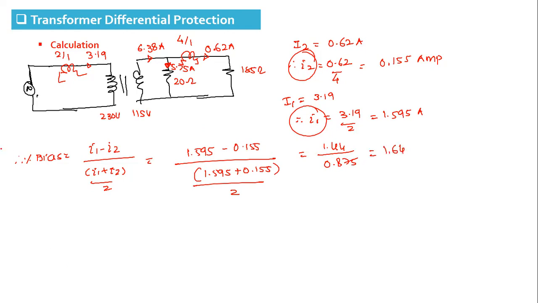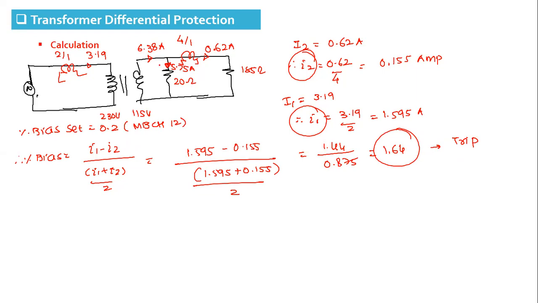Now suppose we have set the percentage bias set value in the relay as 0.2, let's say. Then obviously this 1.64 is greater than the set value, so the relay will trip because it is an internal fault, a winding fault. So we need to take care of this, and it can even create physical, structural damage to the winding.